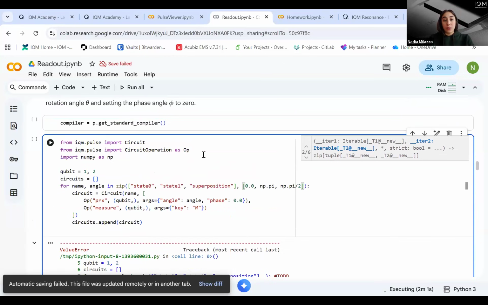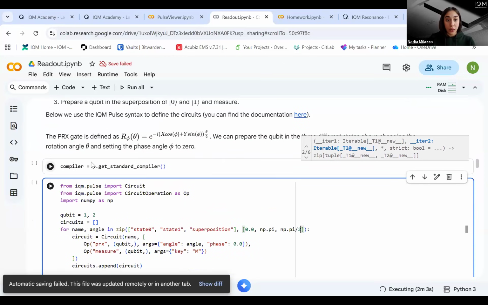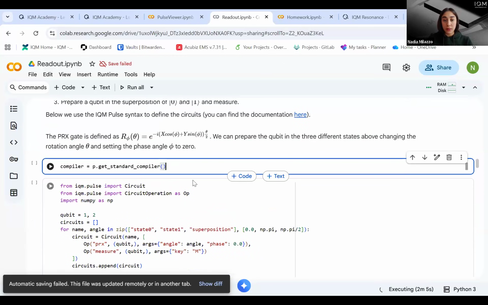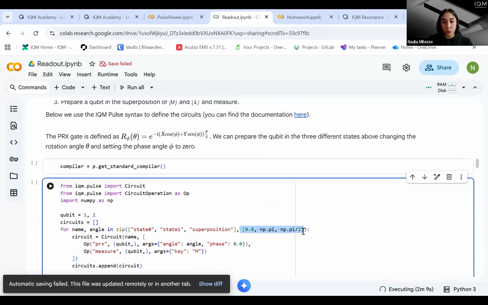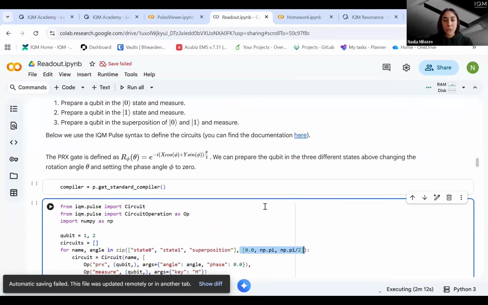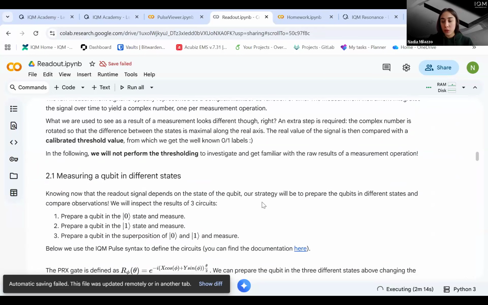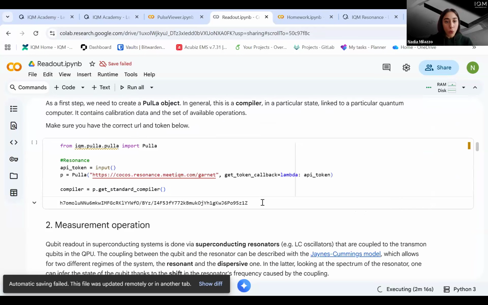It is still executing, so I cannot run this cell yet, but already we were able to do the first to-do. Okay, it should be almost done.